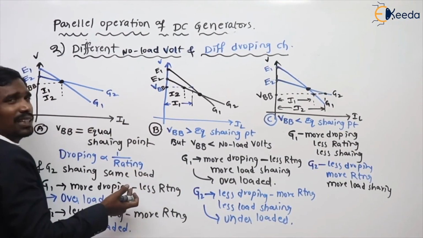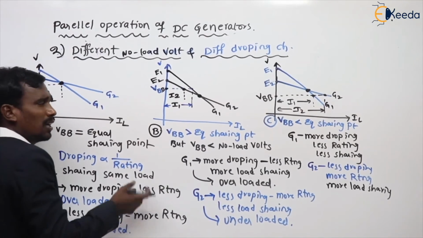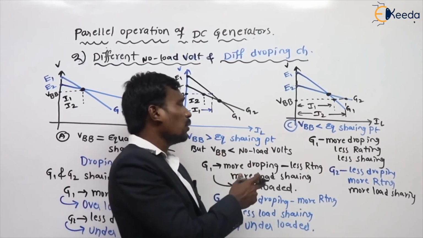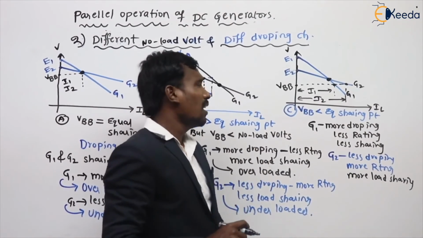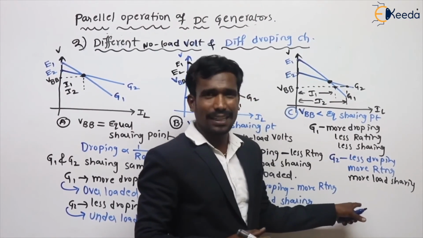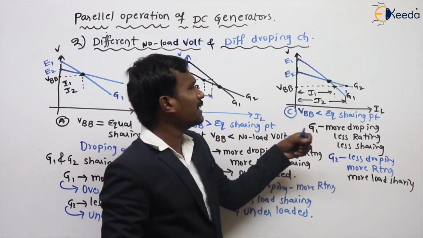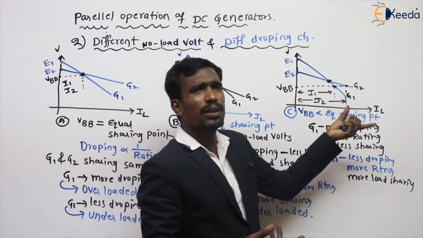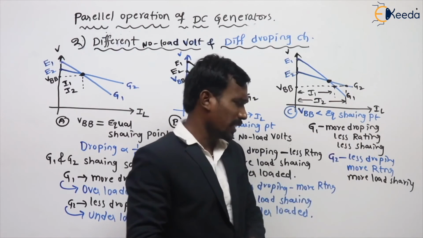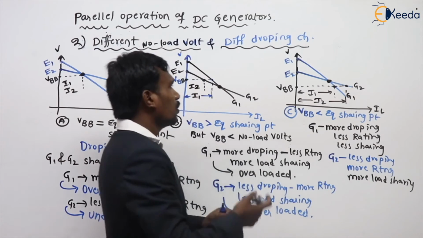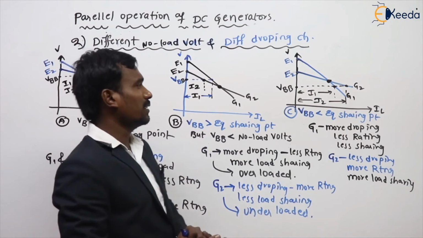Somewhat overloaded, somewhat underloaded. Not good. But that is bad because it is more overloaded, more underloaded. This is not bad. We can use it because generator 1, which has less rating, has less load sharing, and the one which has more rating has more load sharing. This we can 100% use. Okay, so A, B, C is completed.